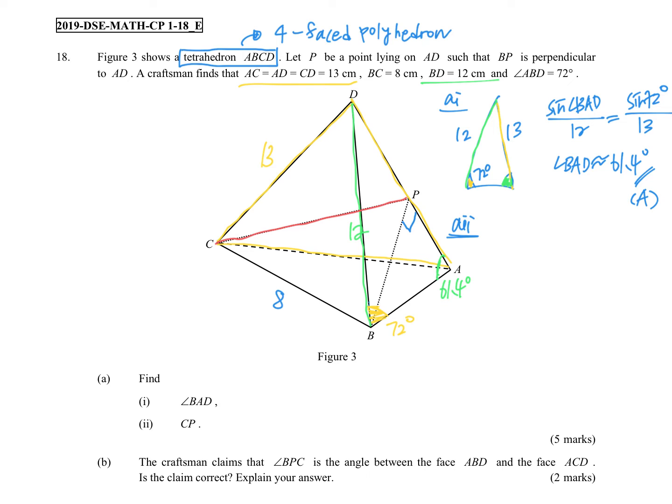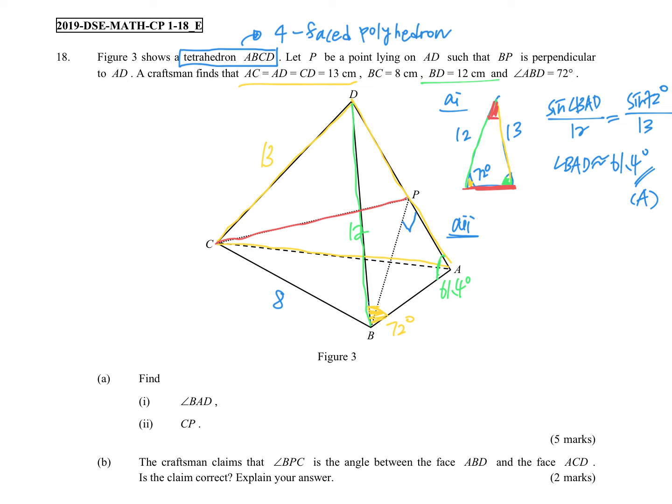Okay, so the way will be like this. First of all we can find out the right angle, and then we can solve for AB, and then after that we can solve AP.